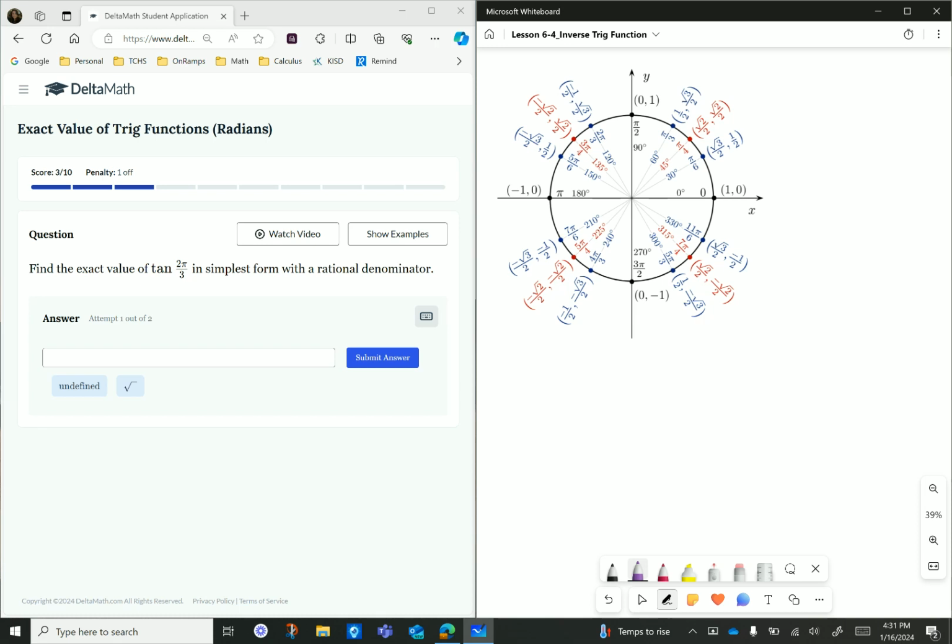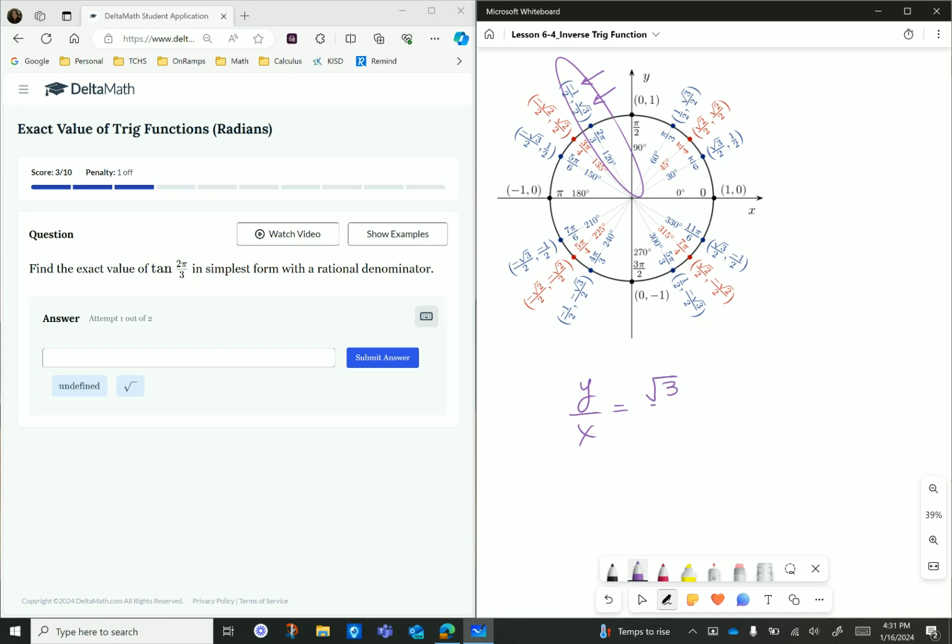I will do one more just in case. Tangent of 2 pi over 3 is in the second quadrant. So here's my 2 pi over 3. And tangent, again, requires me to take the y divided by the x, right? So when I divide y over x, my y is square root of 3 over 2, and my x is negative 1/2. But since they both have denominators of 2, I'm just going to ignore that part.